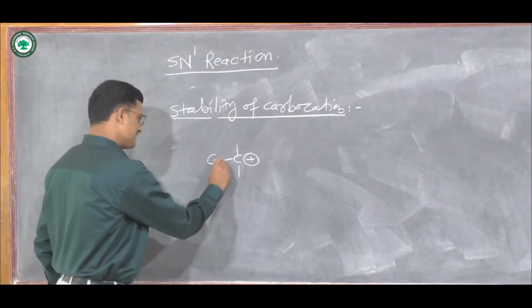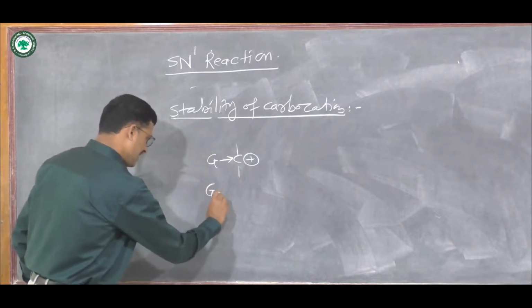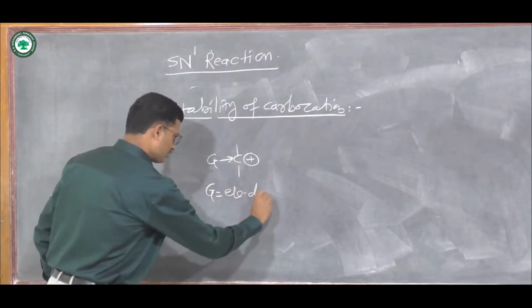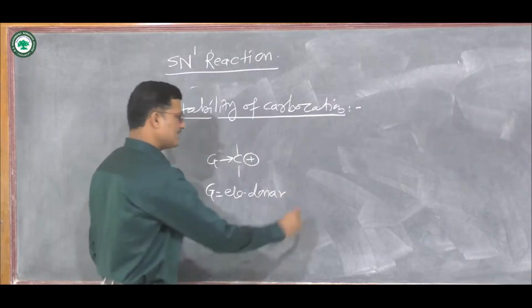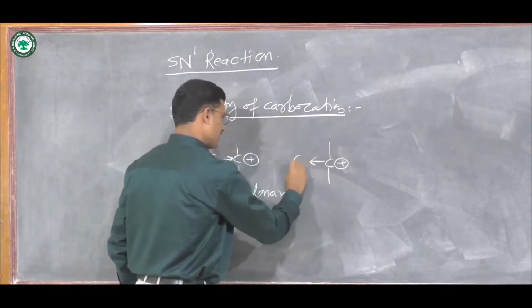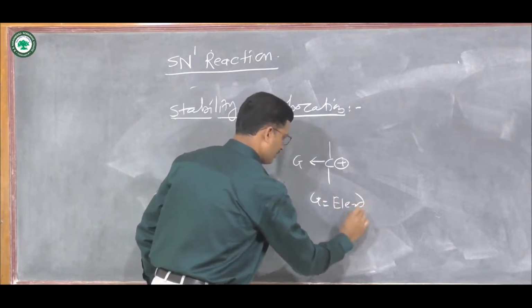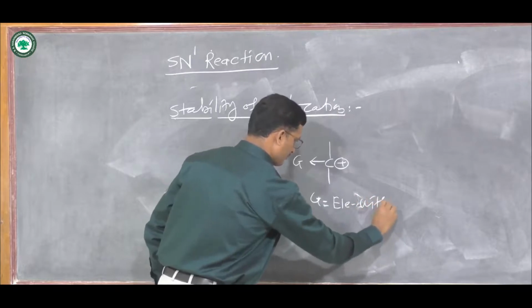G is a group which is attached to the carbocation. In the first situation, G is an electron donor, and in the second situation, we take G as an electron withdrawing group.